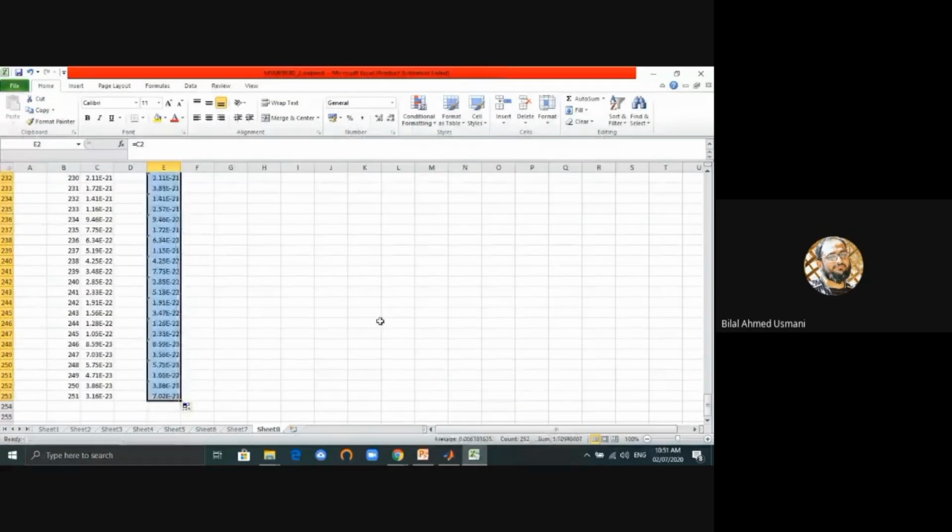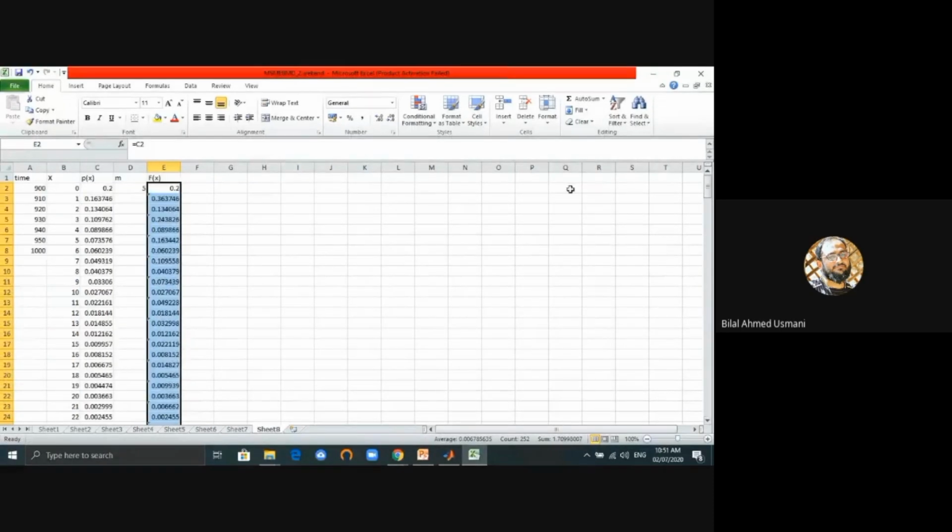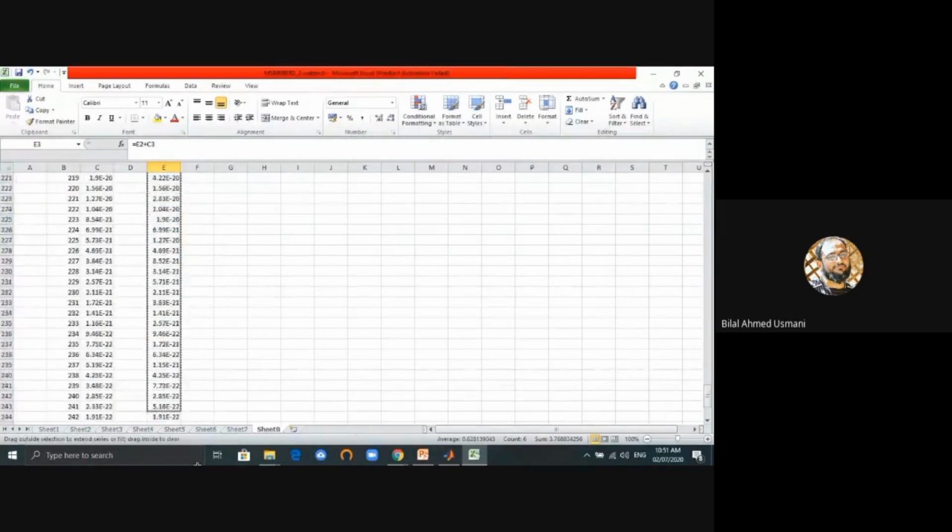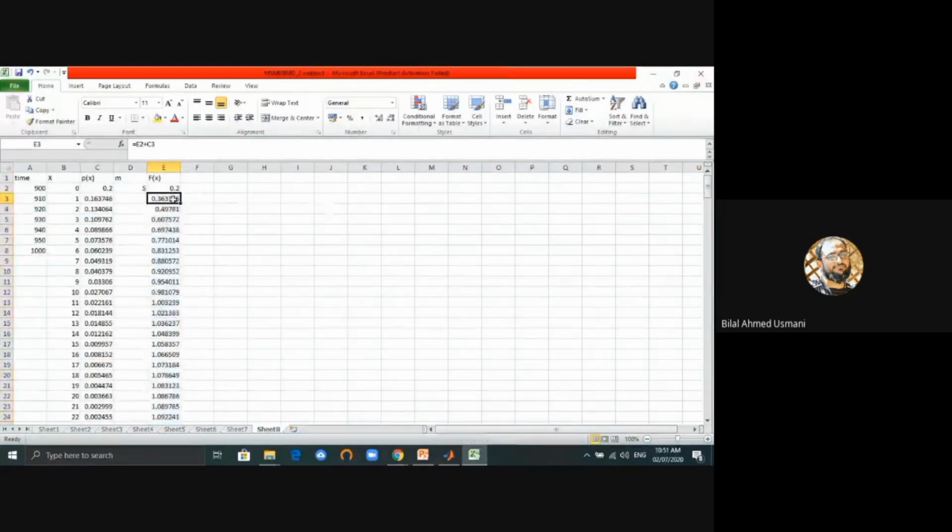So if I sum the previous values, then I will see what's happening. Not C4, it shouldn't be like that. E3 plus C4.